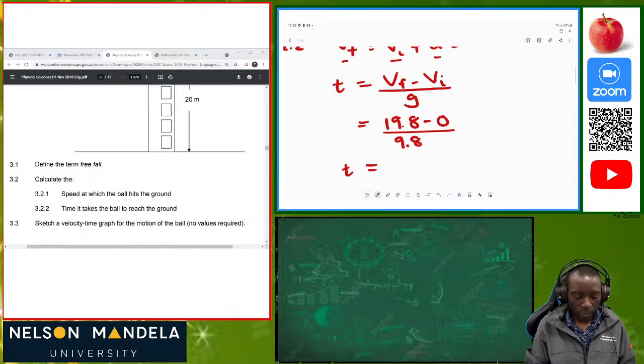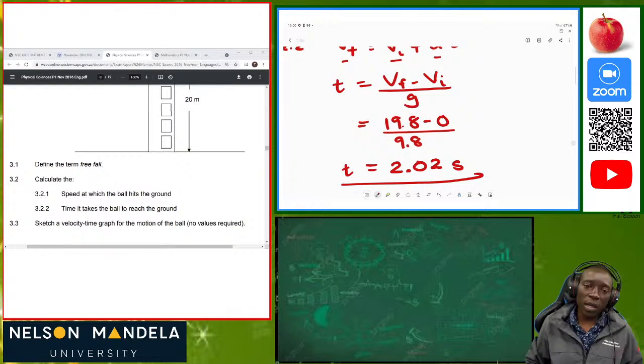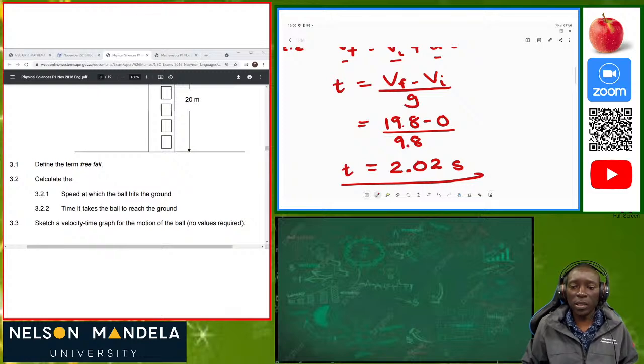Divided by 9.8, 2.02 seconds. Okay, so far so good. So this is basically how simple it is to deal with projectiles. So this is a part on vertical projectiles.